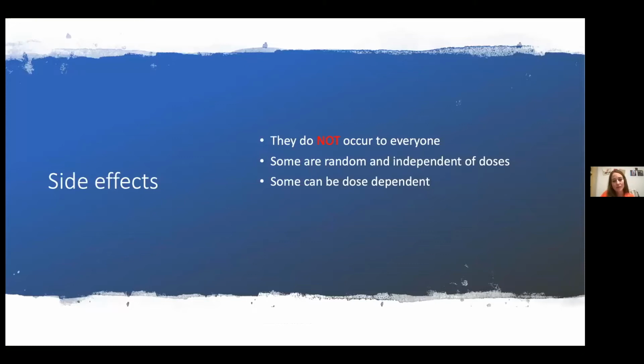Some of them are random and they're independent of doses, and some of them can be dose dependent, meaning you may get headaches on a higher dose of a medication that if you decrease the dose a little bit, you'll feel better. Or you may be on the higher doses of medications that are twice a day, you're too tired and you can't really get through the day through work or school, and we decrease the dose in the morning and we leave the higher dose at night, and all of a sudden you're more awake. And so that could be dose dependent, or it could be related to the time of the day.